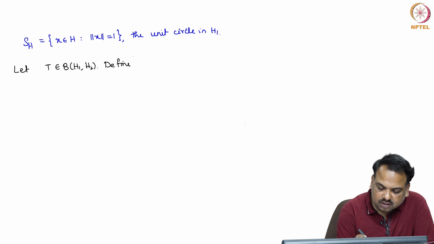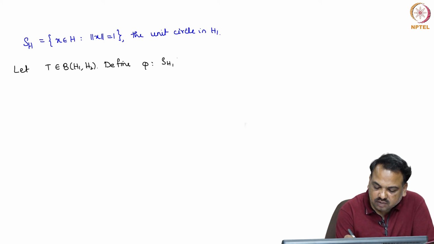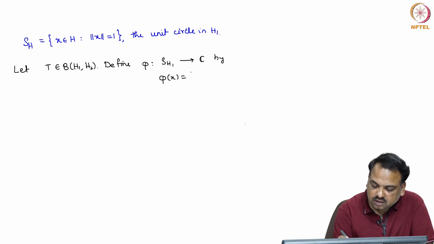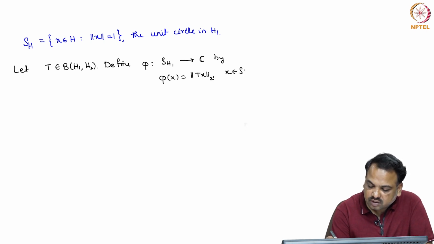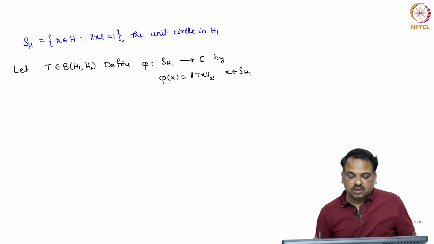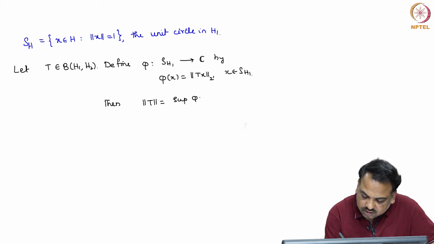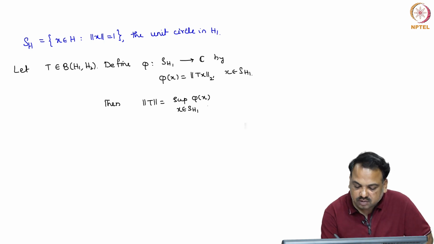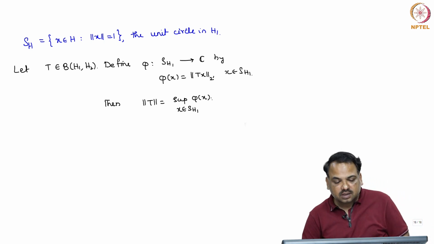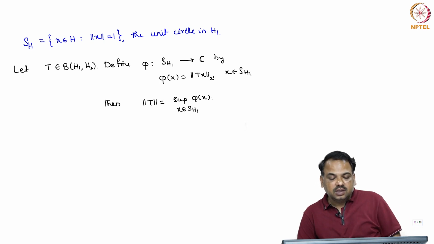Define a map phi from the unit sphere of H1 into C by phi of x as norm of Tx, where x is coming from the unit sphere. Then we can show that norm of T is exactly the supremum of phi of x, where x is coming from the unit sphere. So if there exists an x in the unit sphere such that norm Tx equals the supremum of phi of x, so that is norm T.